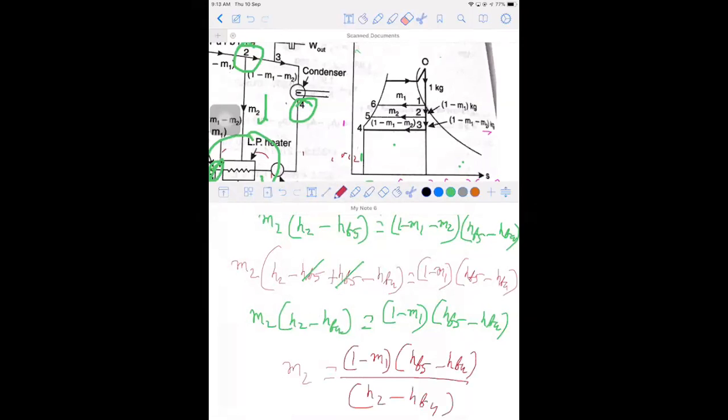This is exactly the way you are going to find M2. In this manner, you have to get this figure.